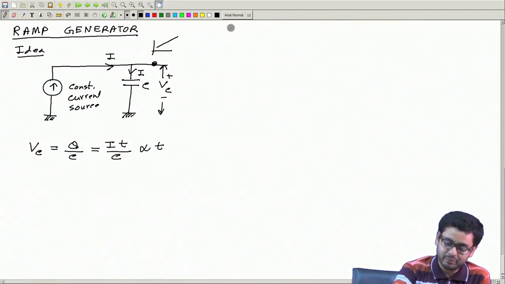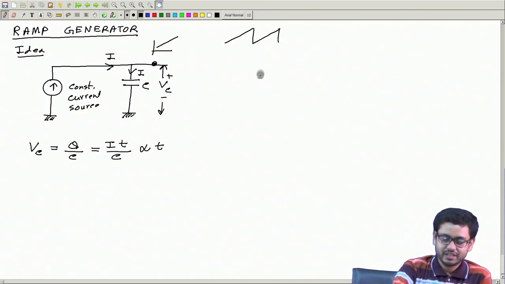I mean, we know the ramp is basically a linear voltage, then it falls down and again linearly increases and so on. Now we have to essentially realize this discharging or falling of the voltage.